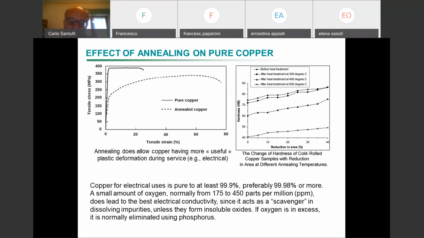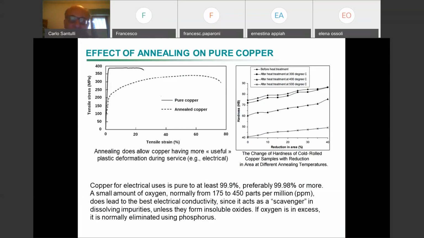You can anneal copper, so you can heat it up at some temperature. And what you find out is that you reduce your strength, your ultimate strength, and you have a large tensile strain.